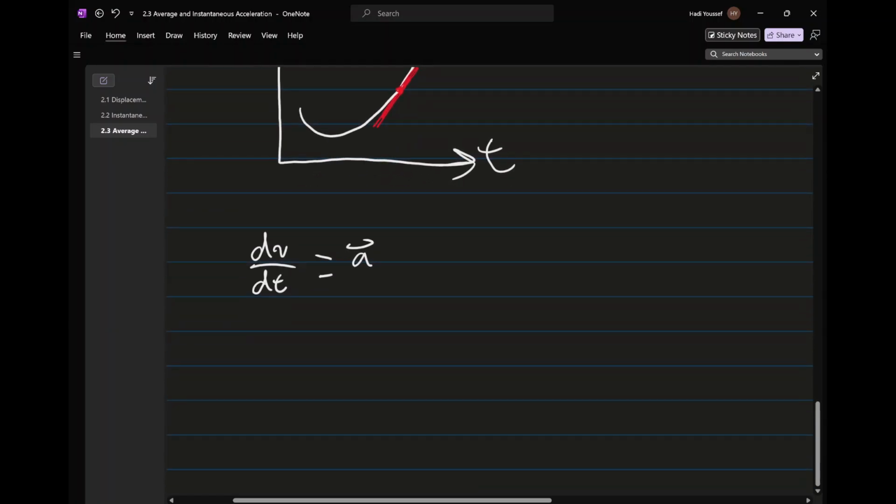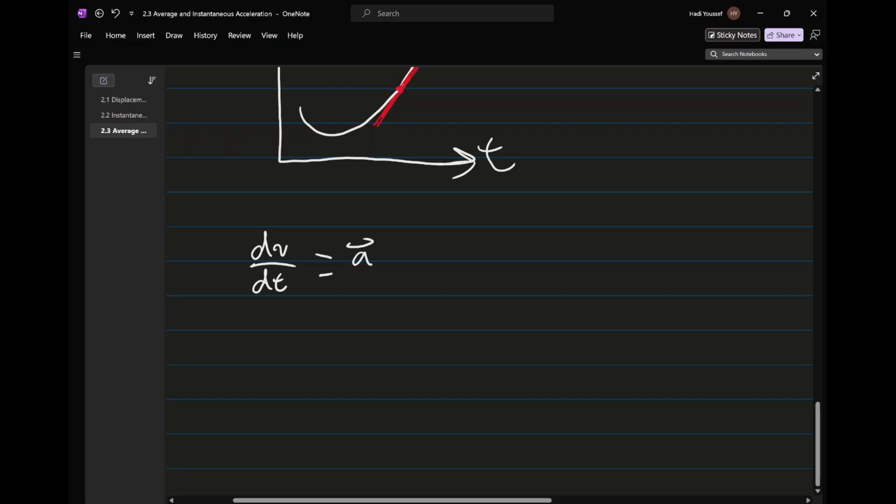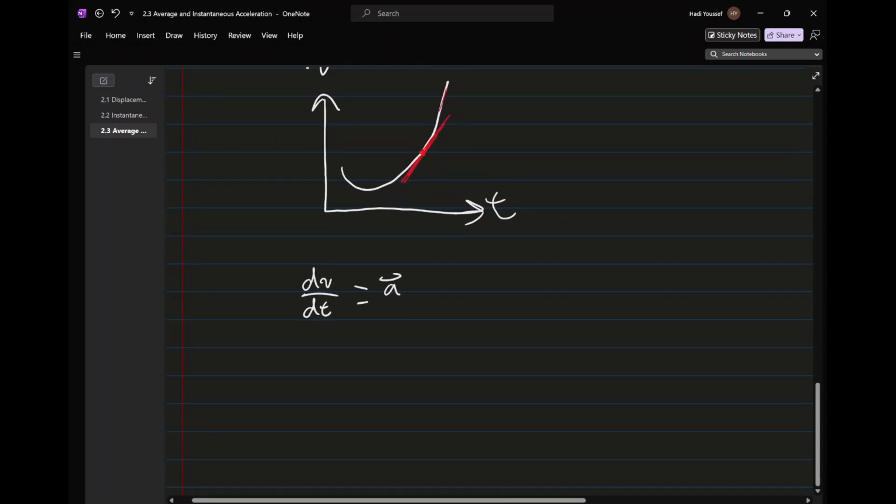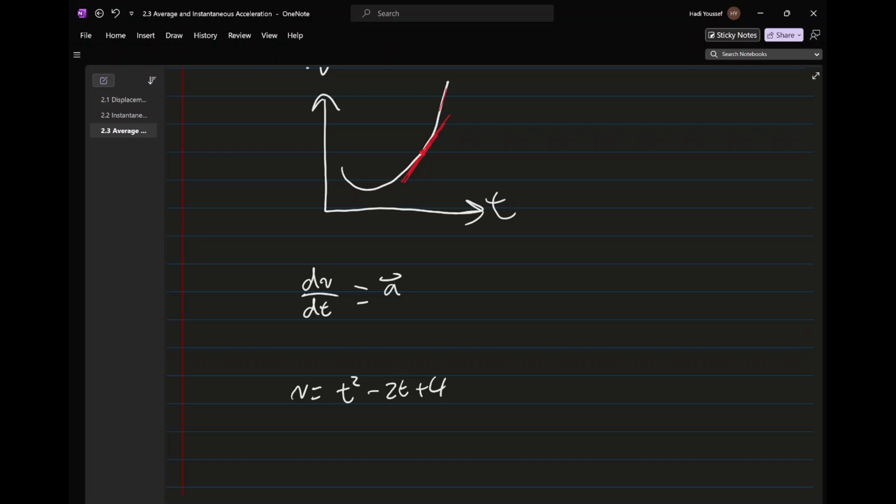So let's take an example. Let's say I were to have someone's position modeled by t squared minus 2t plus 4. If I wanted to find the acceleration of this, how would I do so?